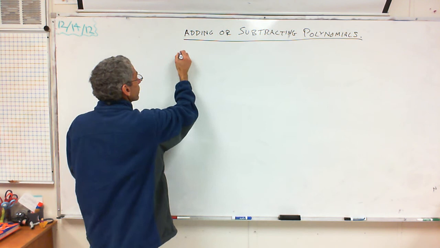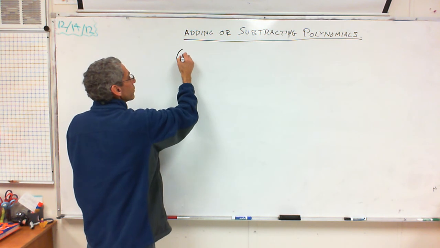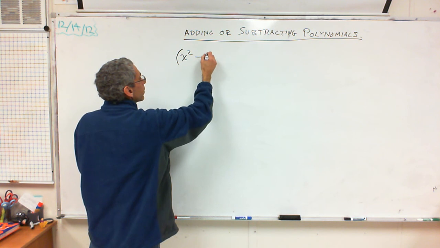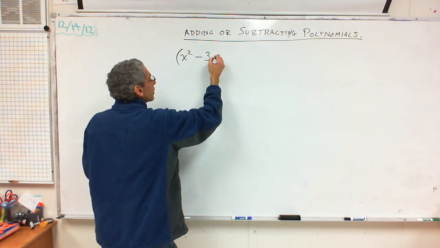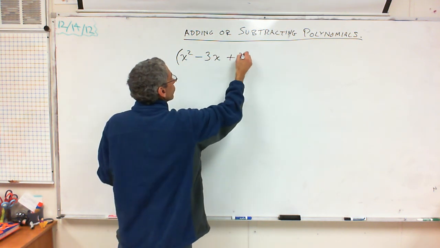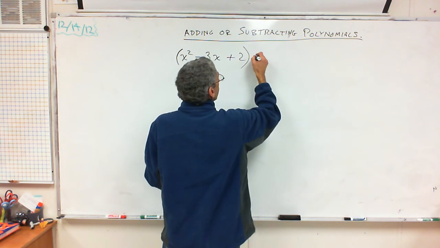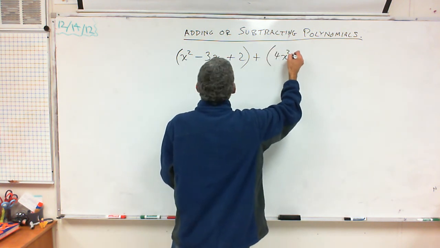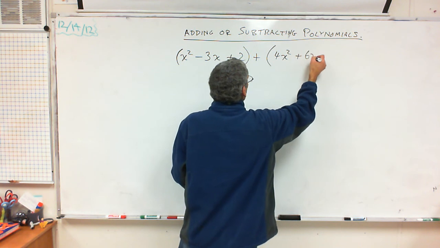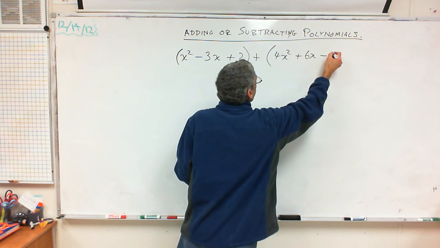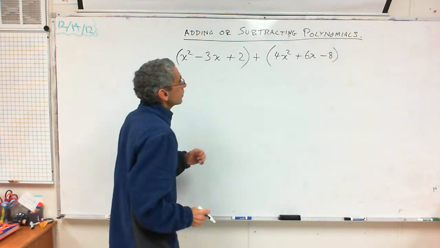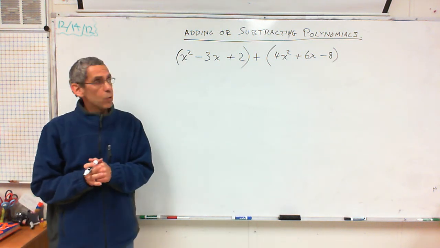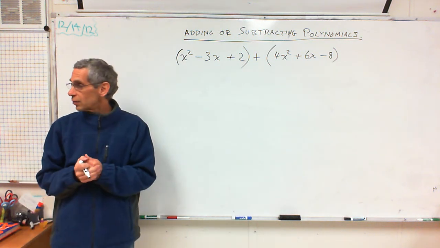Let's say I gave you this: (x squared minus 3x plus 2) plus (4x squared plus 6x minus 8). So I have two polynomials, and they're both trinomials in this case.